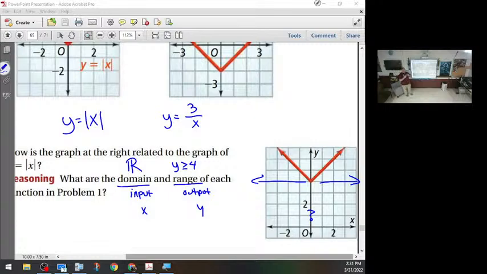Okay, think about it like the function machine again. What this is saying is I'm allowed to throw anything in the chicken nugget machine, but I'm only going to get out nuggets. I'm not going to get out pizzas. Okay, it's not going to give me anything below that. It'll only give me this stuff. If it's a nugget machine, it's only making nuggets.